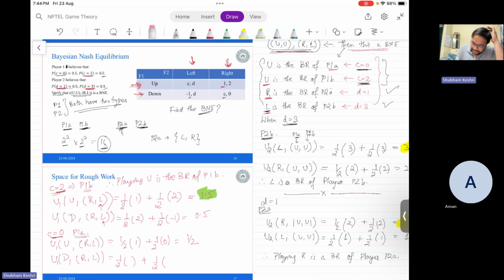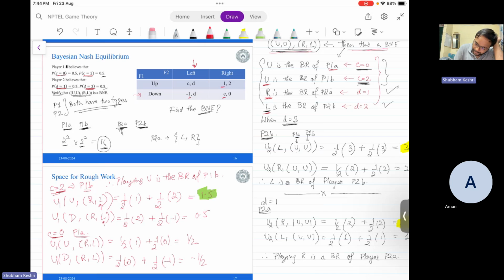So half of the time he's playing D and player 2A is playing right, it is C, which is 0. And half of the time he is playing D and the other player is playing L, which is a utility of -1, so this will become minus half.